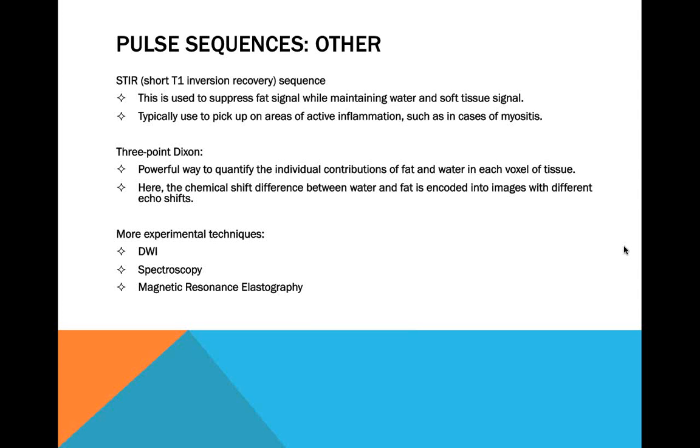But again, that has its own limitations as well, meaning that if you were to do a 3-point Dixon, they do this type of study sometimes based on how close the leg is to the top of the bore of the MRI machine or to the sides of the bore of the MRI machine, you can have some increased signal there. That's not necessarily due to fat or due to water, but it's due to just technical artifact.